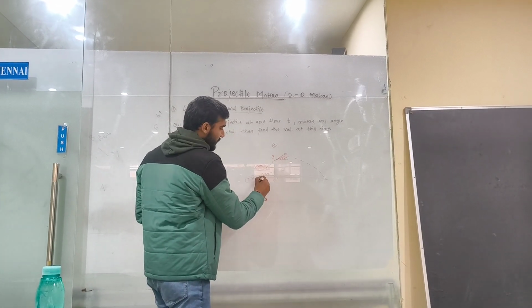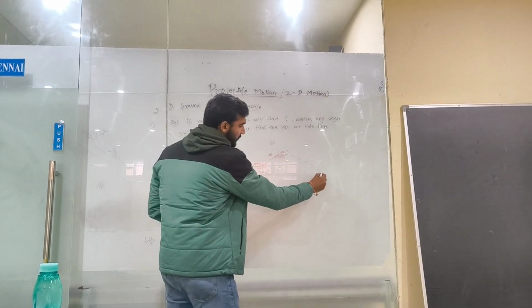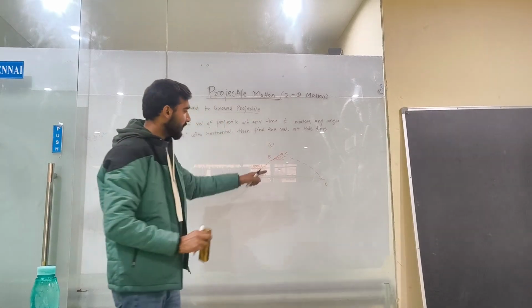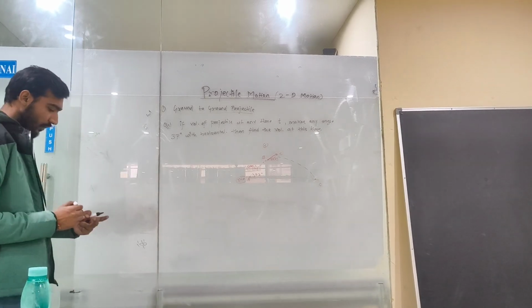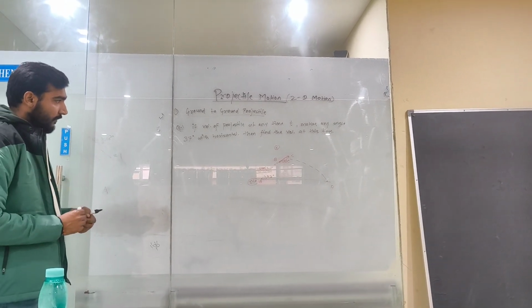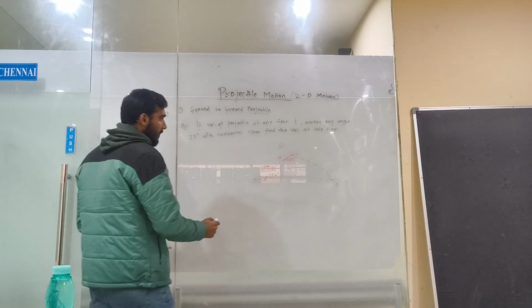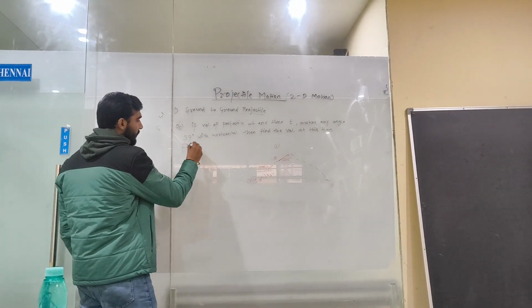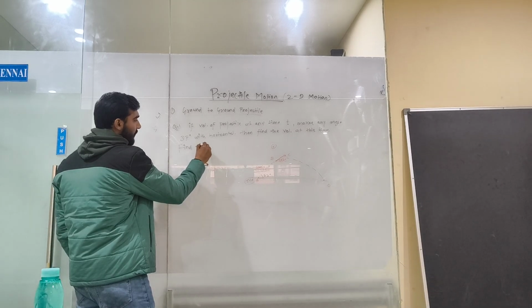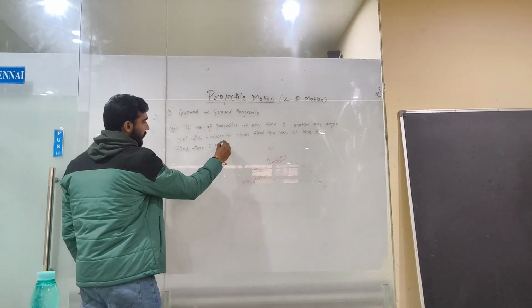At point B, let's say this is A, B, highest point C, and D. We want to find out the velocity at point B. Okay. How can we do this? And add one more thing: find time t also.